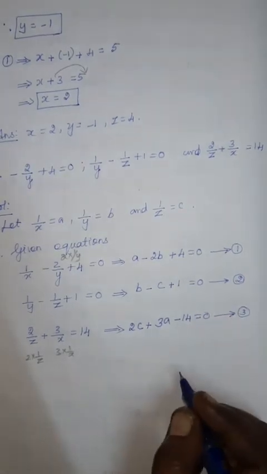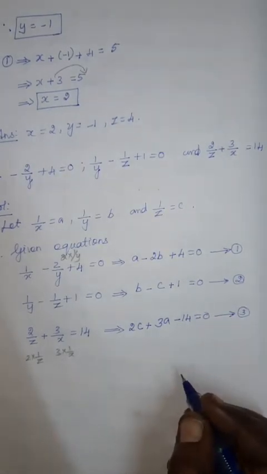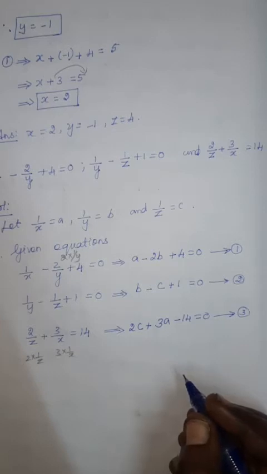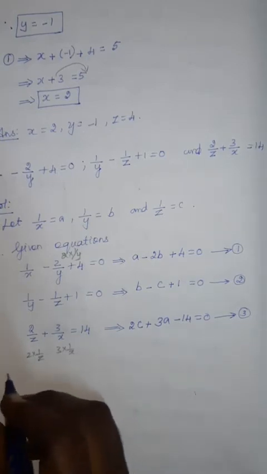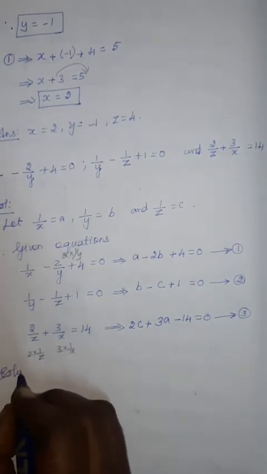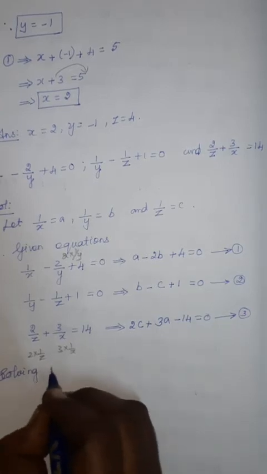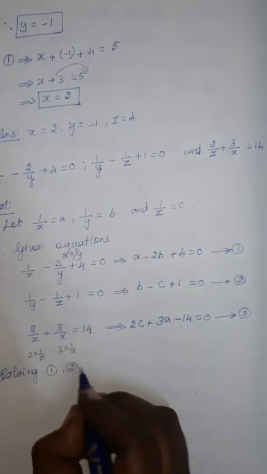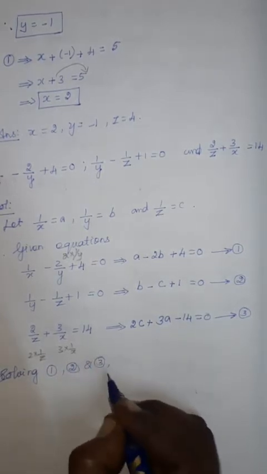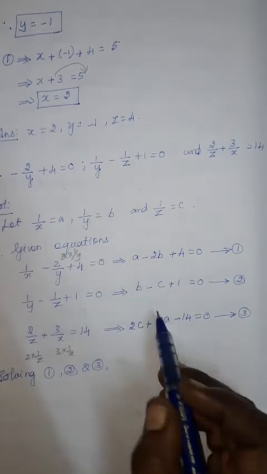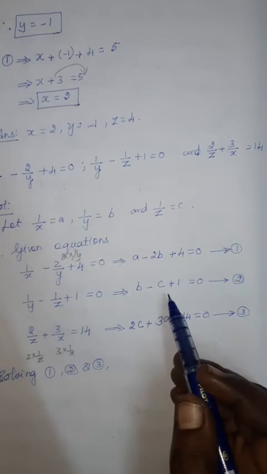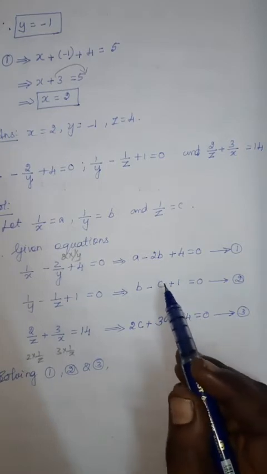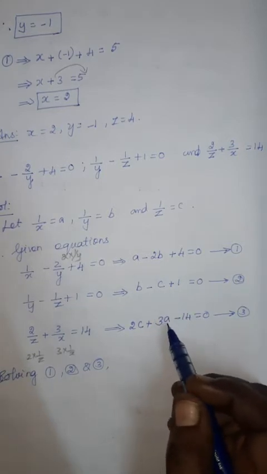Now we have to solve all the equations in 2 variables, but 3 different variables are there. So we have to solve one by one. Now solving 1, 2 and 3. These 3 equations are in 3 variables, but each equation contains 2 variables. Directly we cannot use these equations.